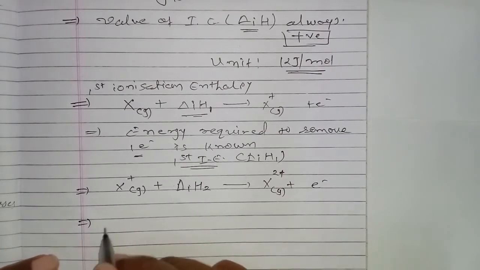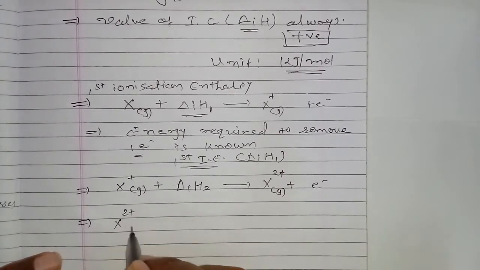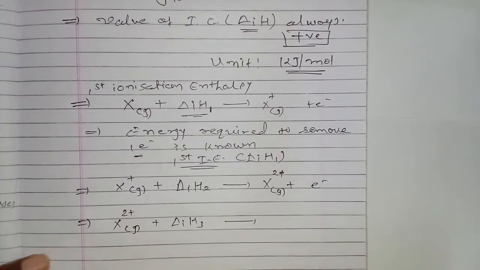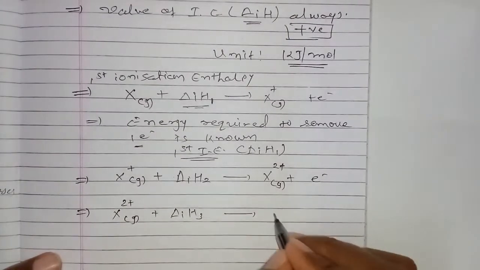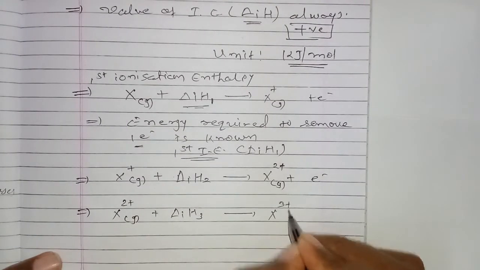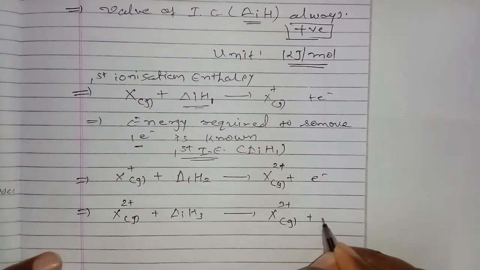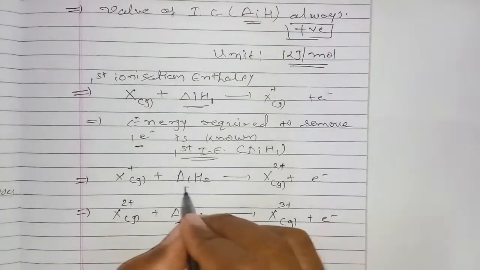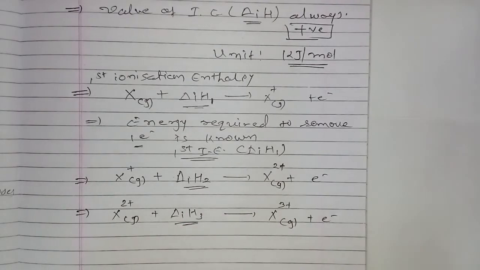Energy is required to remove three electrons. Here it loses another electron, and it is called the third ionization enthalpy.